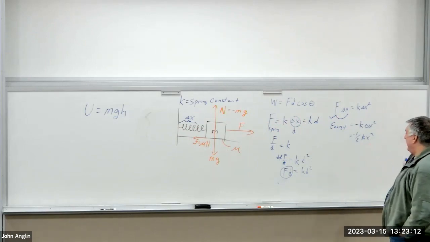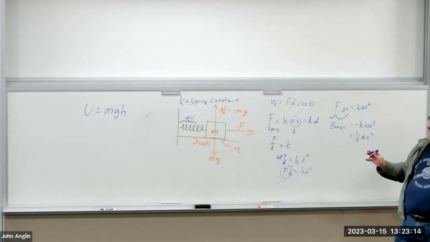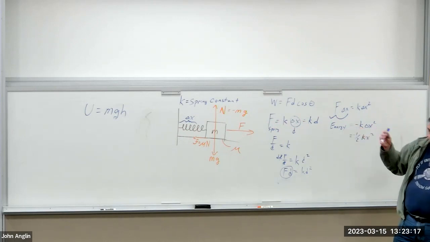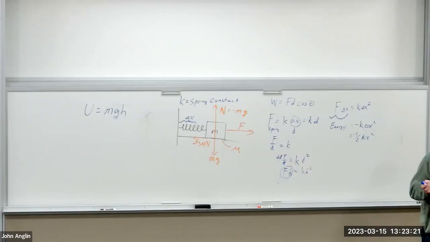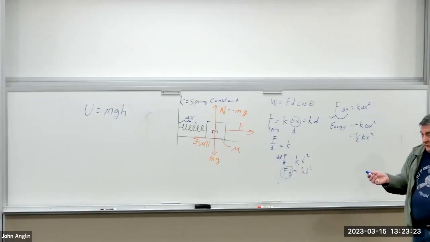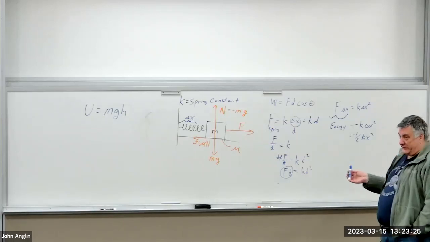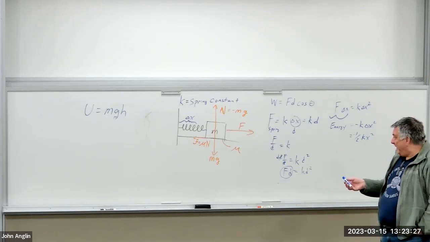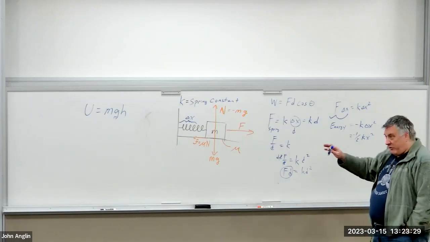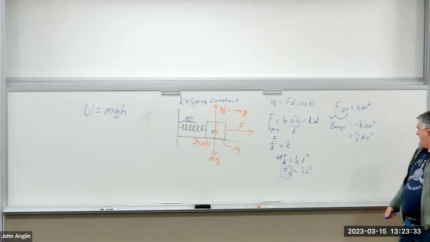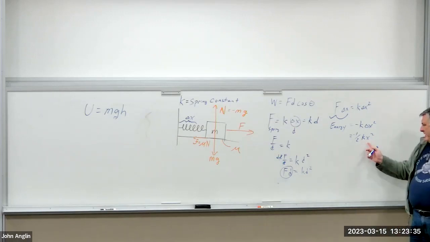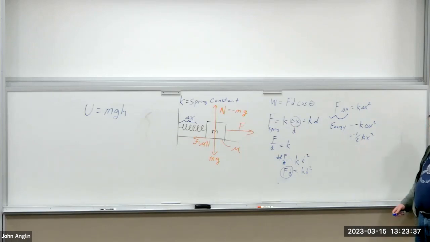So all we've done is convert things that think in terms of gravity, mgh, or gravitational potential, which is going to give a velocity, which looks like our roller coaster problem, into things that are in terms of k and x. So here's our 1/2 kx squared.